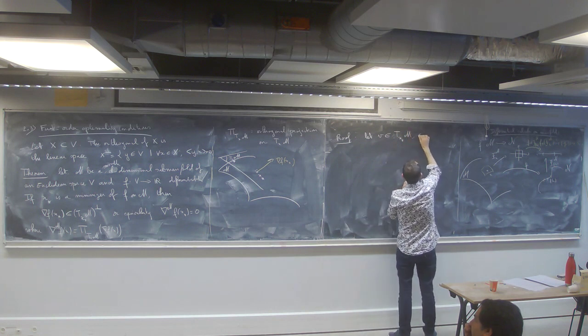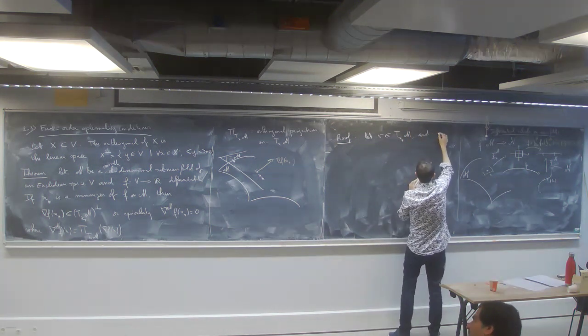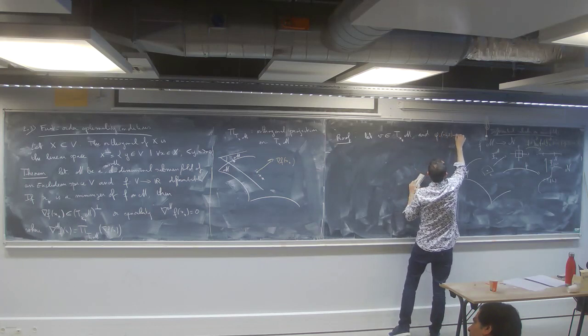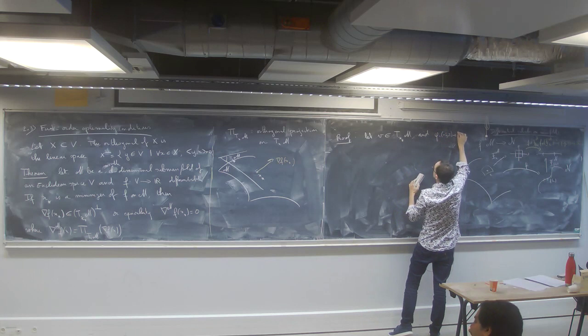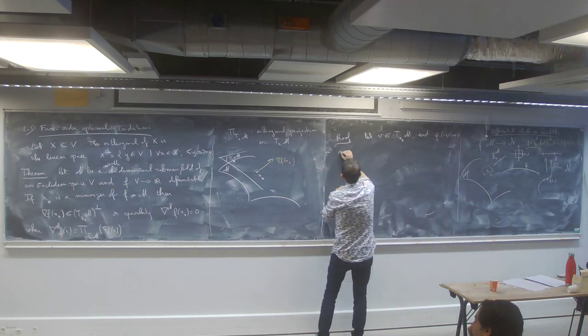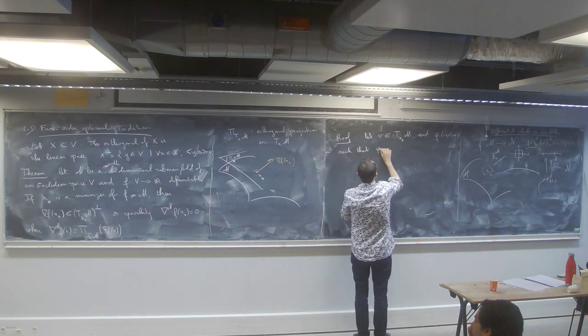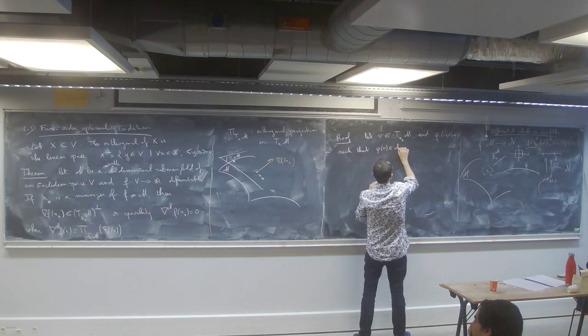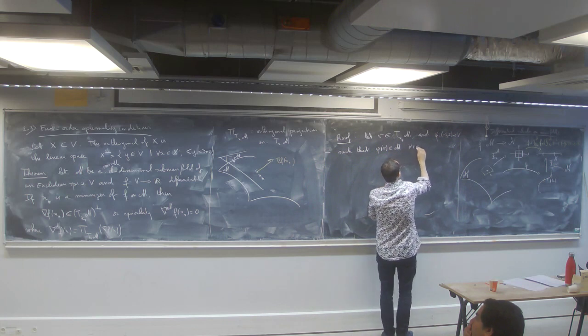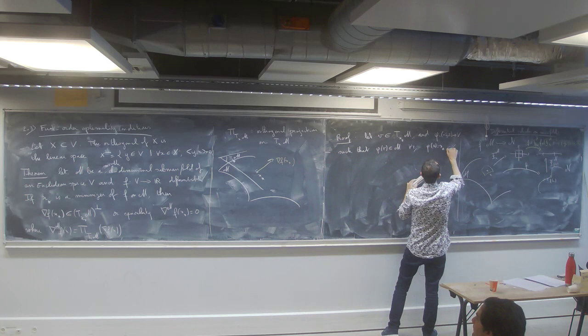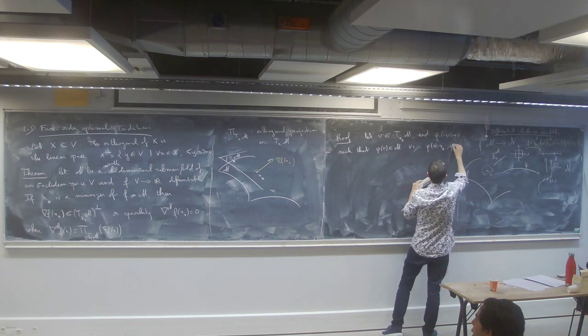By definition of the tangent space, there is a phi going from minus tau to tau such that phi of t is in M for all t, phi of 0 equals x star, and phi dot of 0 is equal to v.